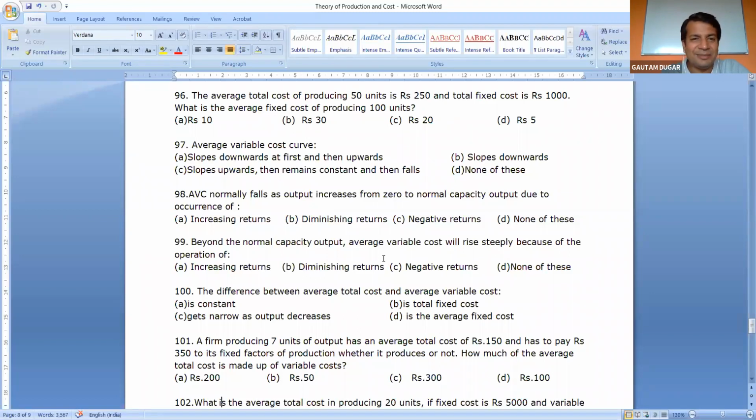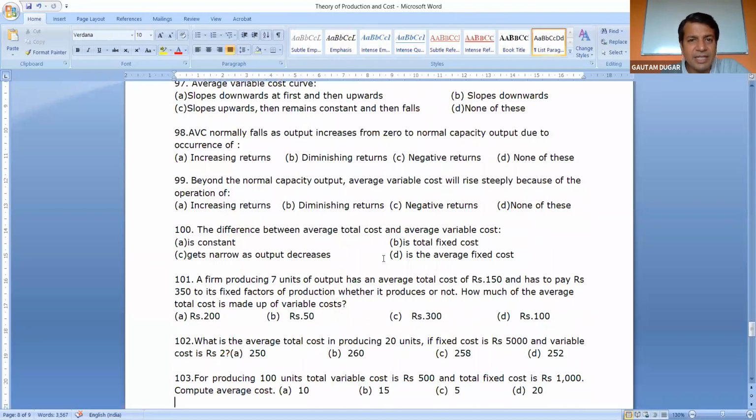Next, 98. AVC normally falls as output increases from 0 to normal capacity output due to occurrence of, I said now, AVC and AC are U-shaped because of the law of variable proportion. And you have three stages: increasing returns, diminishing and negative. AVC and AC are declining in the earlier stages of production because of the first stage of the law, that is the stage of increasing returns.